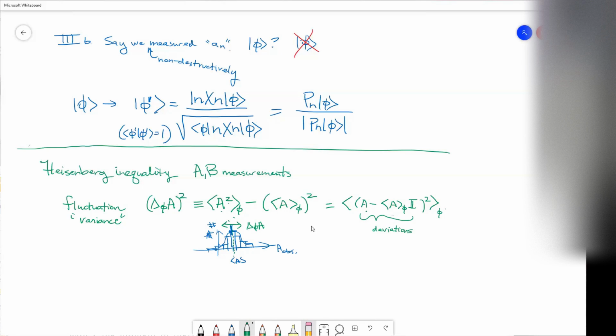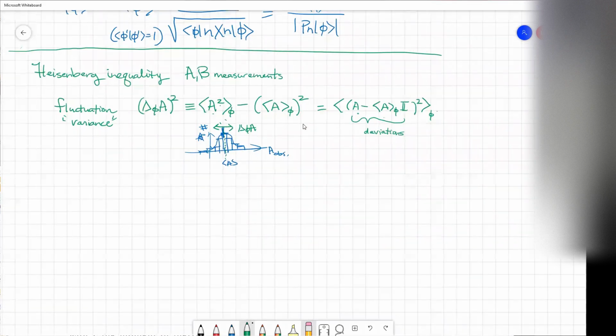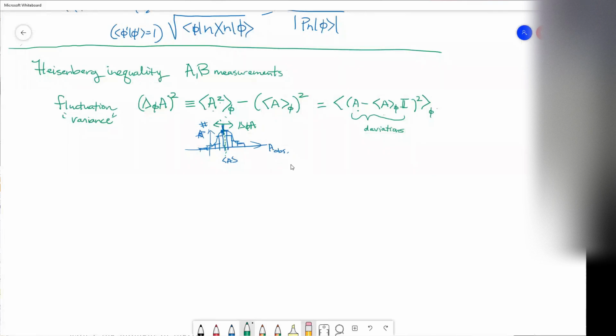So you have these two fluctuations, and now let's think about the commutator, A comma B. The commutator is interesting. If we take its Hermitian conjugate, what's that? You get AB minus BA.